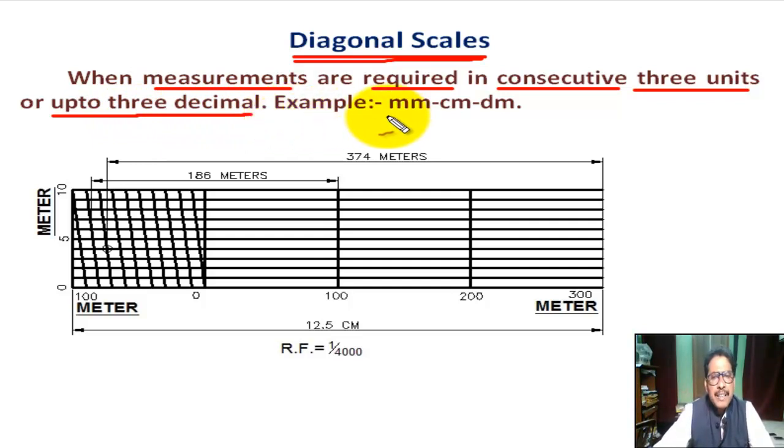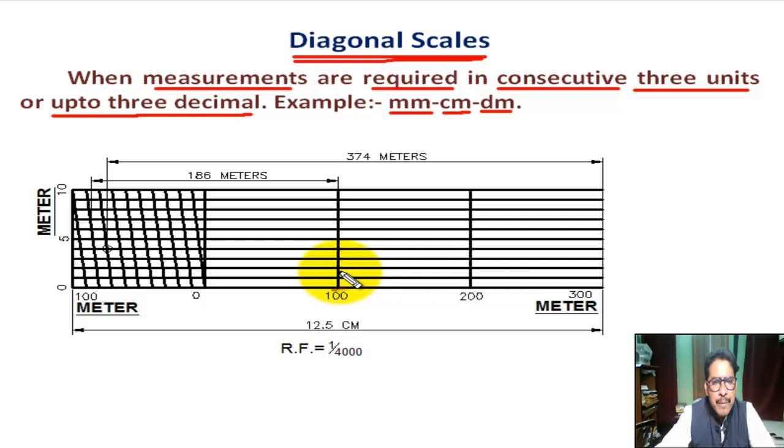For example, a diagonal scale measures 3 consecutive units, millimeter, centimeter, decimeter, or measures up to 3 decimal. This is the figure of a diagonal scale.